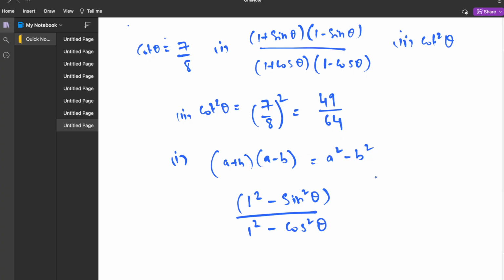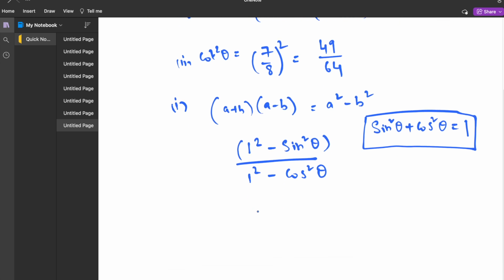In trigonometry, we have an identity called sine square theta plus cos square theta is equal to 1. This we need to remember. From this formula we can say that sine square theta is equal to 1 minus cos square theta.